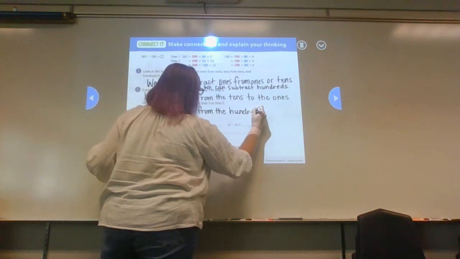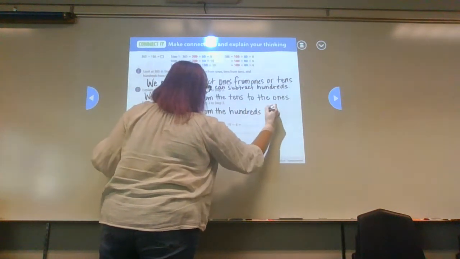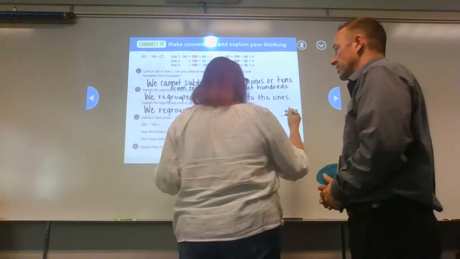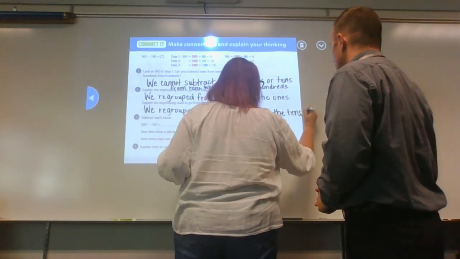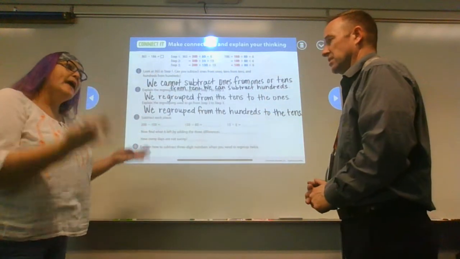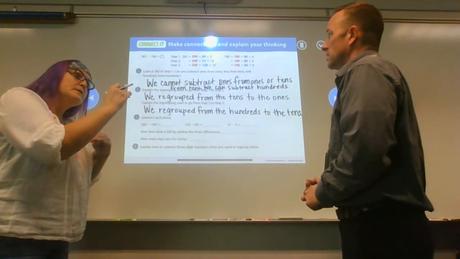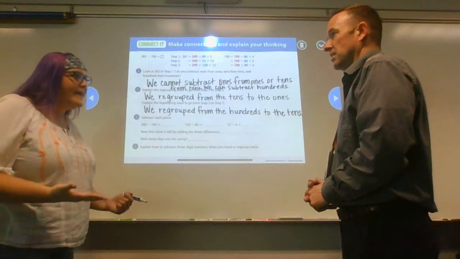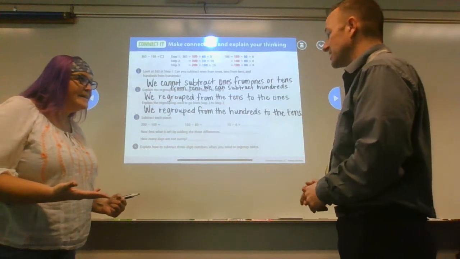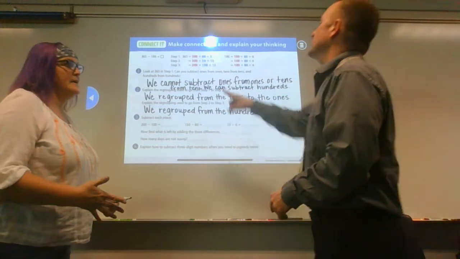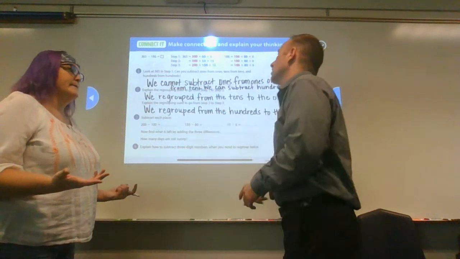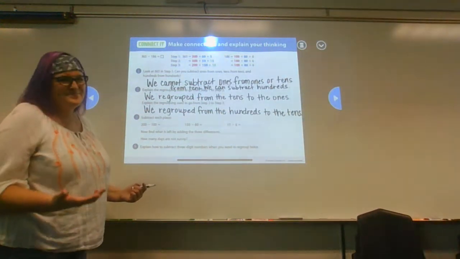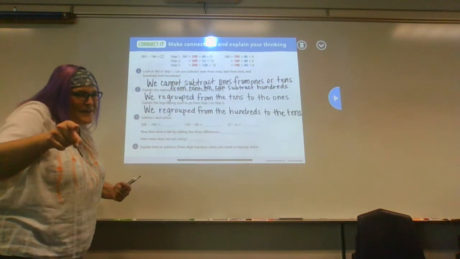I just had to say it too. Miss Jetson, how many 10 sticks did they get from 100? To the tens. But how many 10s did we get? How many tens are in 100? 10. Exactly. 10 tens. Oh, I see it because now they have 150. Exactly. Do you see it? We know you do.